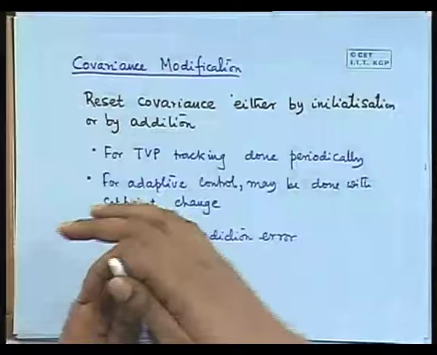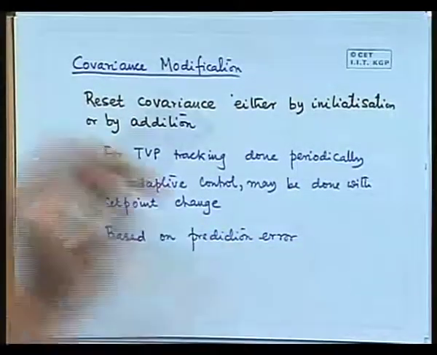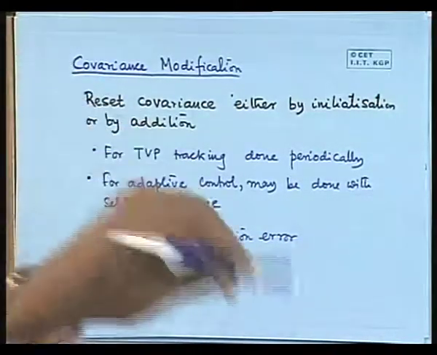The other thing is covariance modification. Sometimes what happens is, the covariance is the gain of the least square estimator. So if the covariance goes to 0, then the estimator gain goes to 0. Covariance is phi transpose phi inverse, exactly speaking, so that obviously goes to 0.